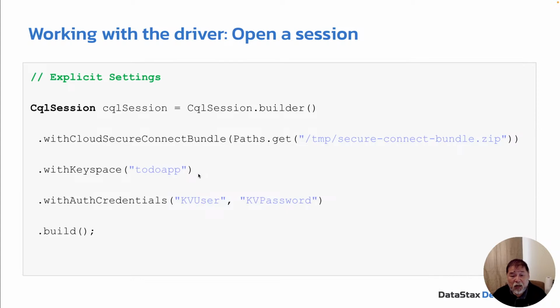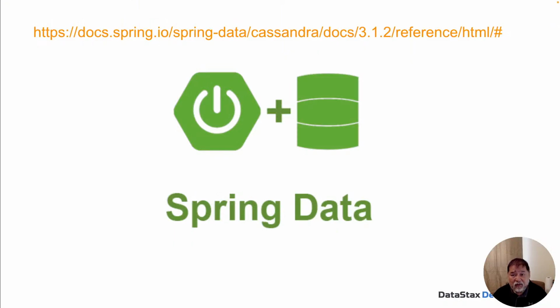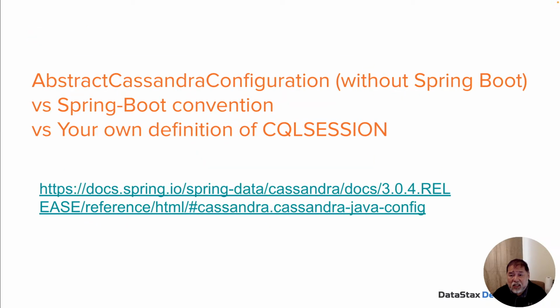We use the key space and we provide the credentials. All of those were hidden in the properties file that I didn't show you. I kept that off screen so those credentials, that real database, wouldn't be exposed to the world. So connectivity, in Spring Data, let's see.